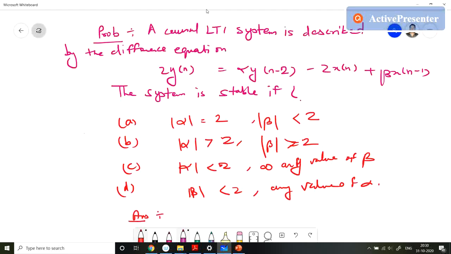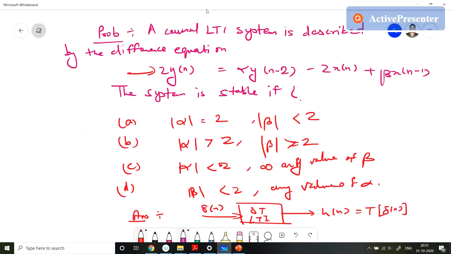So we take the z transform on both sides of this equation. Also, if we want to find out the impulse response: if this is a discrete time LTI system and we apply delta[n] as input, then the response we get is basically called the impulse response.